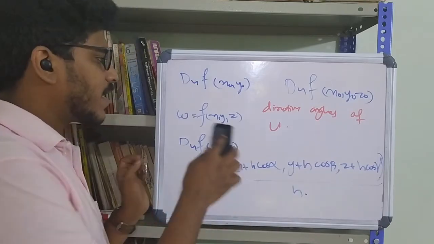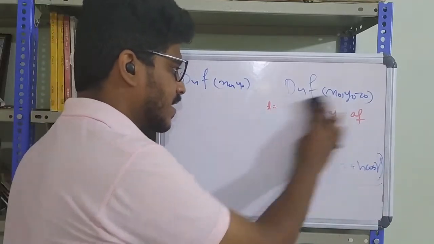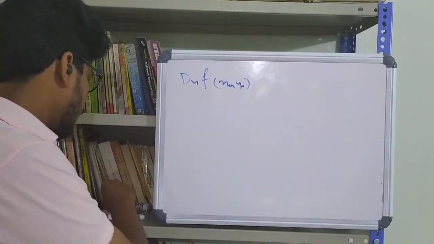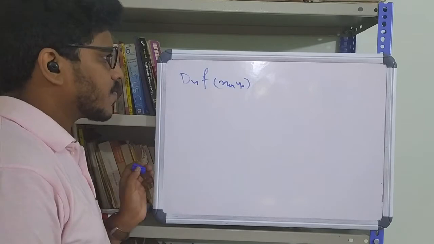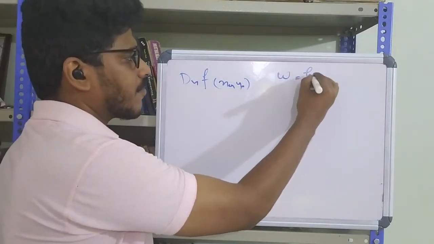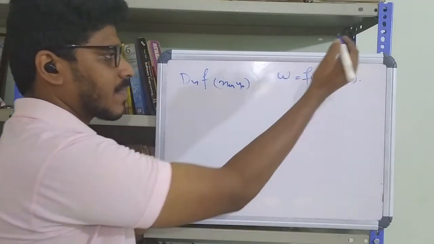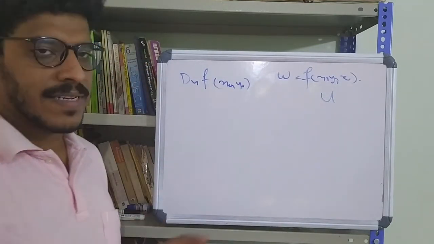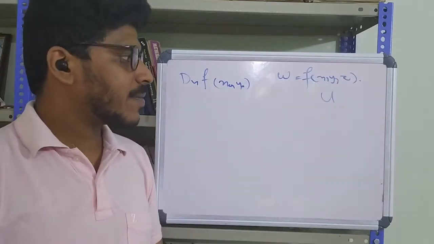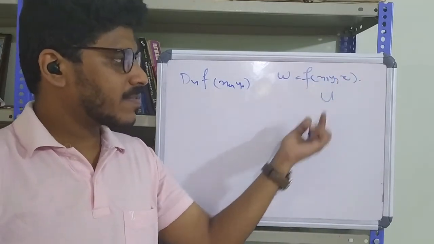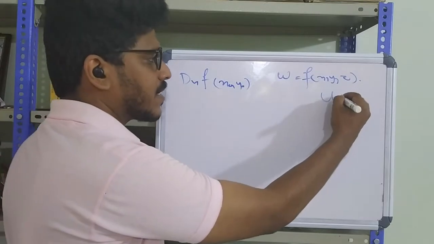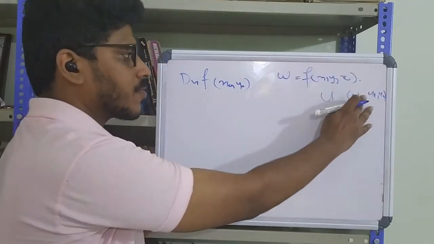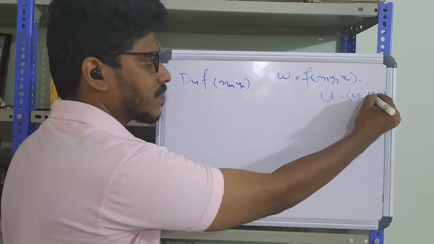But as in the case of a two-variable function, we will not be using this in general. Instead, we will use the formula with the dot product. Right. Suppose we have a function w equal to f of x, y, z, and let u be a unit vector. If you are thinking about a three-variable function, we'll be giving unit vectors in the space having three coordinates, say u1, u2, u3. That's the custom.